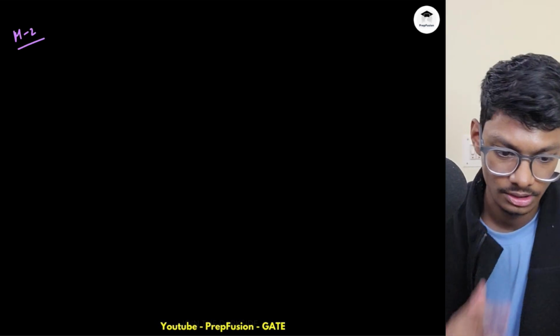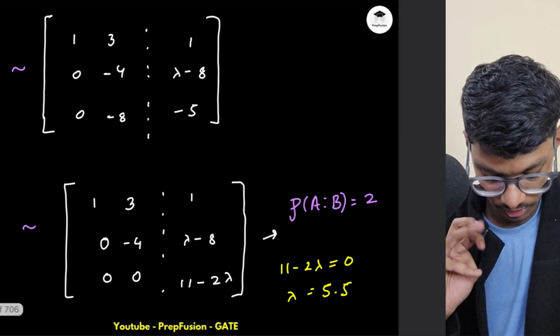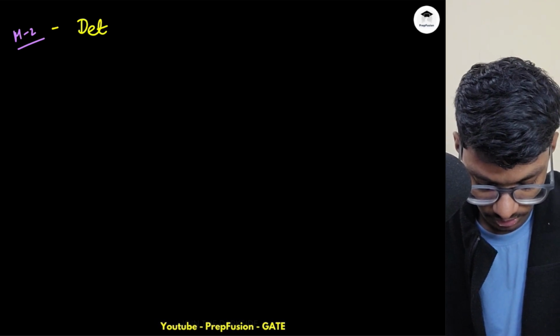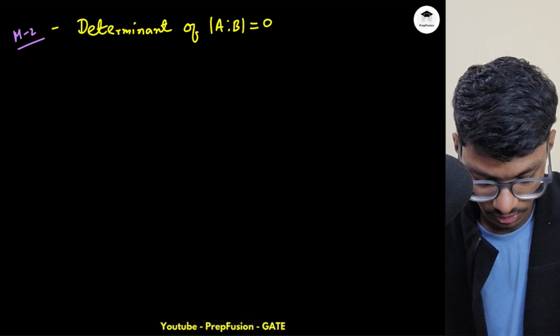Method 2 is the determinant of A slash B equal to 0.